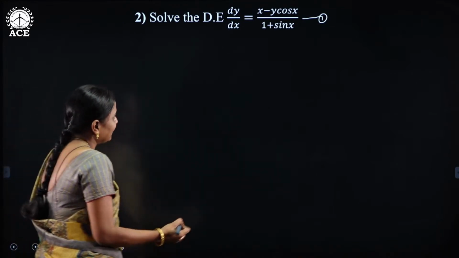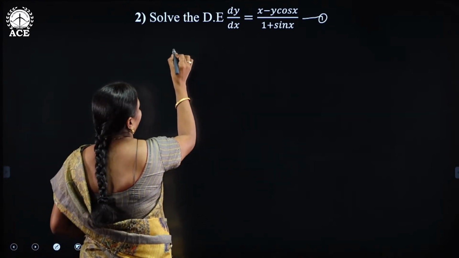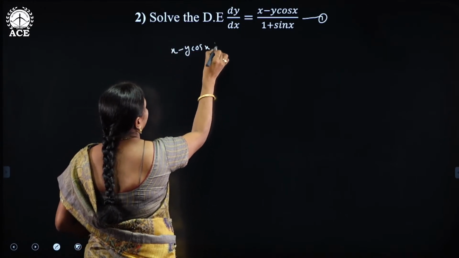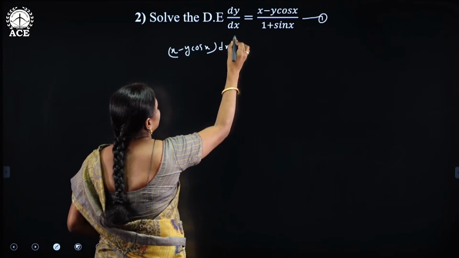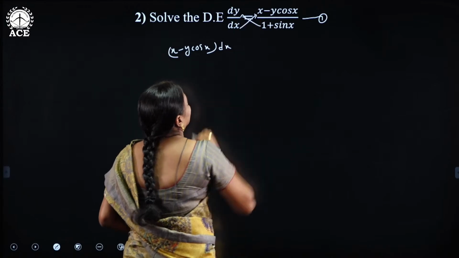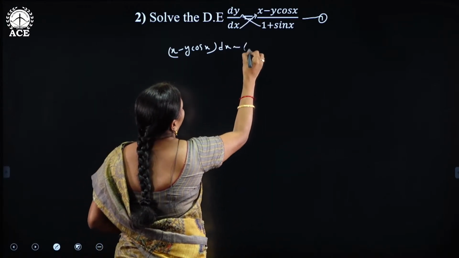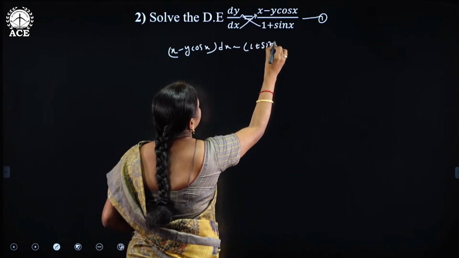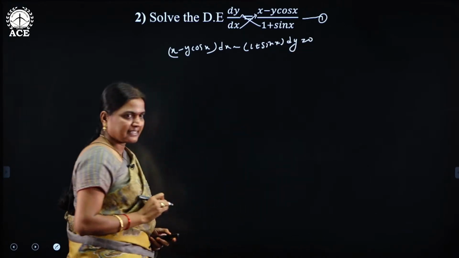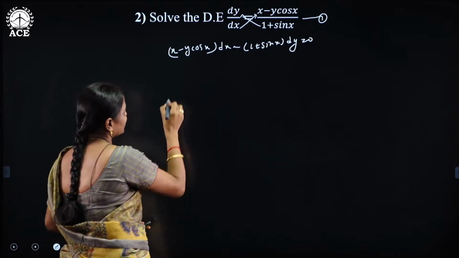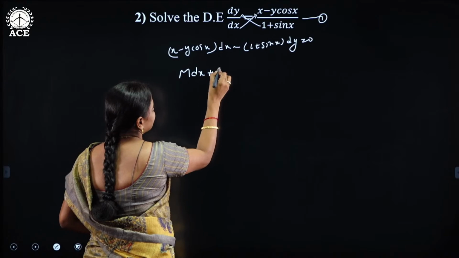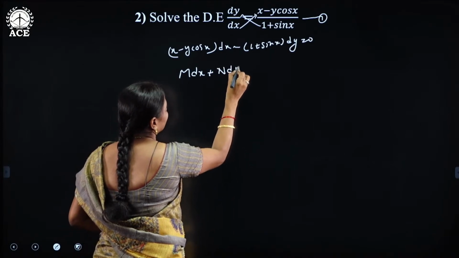By cross multiplication of this equation, we can write x minus y cos x into dx minus 1 plus sin x into dy is equal to 0. This is the standard form of the given differential equation, and this equation is of the form M dx plus N dy is equal to 0.